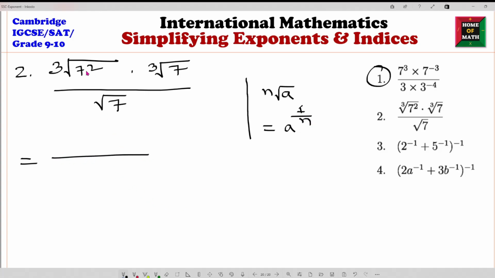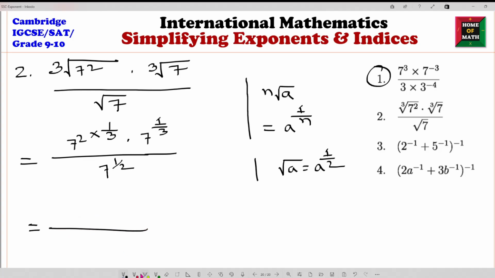Therefore here is 7 squared to the power 1 by 3 times 7 to the power 1 by 3, because we don't want to use the root. And we also know root a means a to the power 1 by 2, so similarly this is 7 to the power 1 by 2.